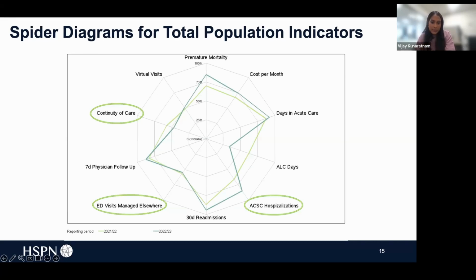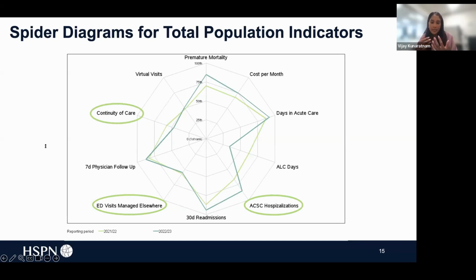Particularly if you look at ACSC hospitalization, this OHT has ranked lower compared to the other OHTs in 2022-2023, compared to the previous year. So you can see the dark green is a little bit further out compared to the light green. Whereas this OHT seemed to have ranked very similar for avoidable ED visits.